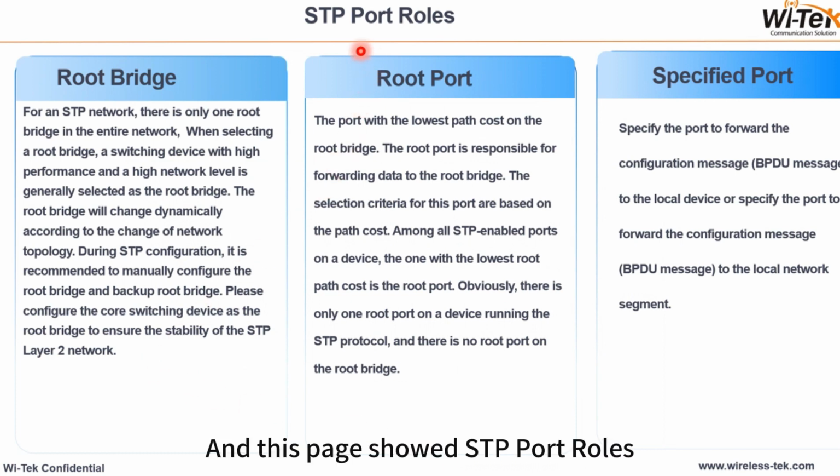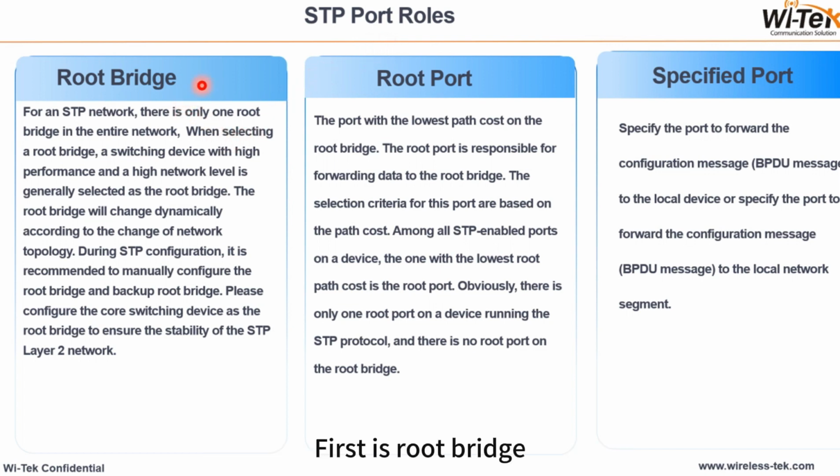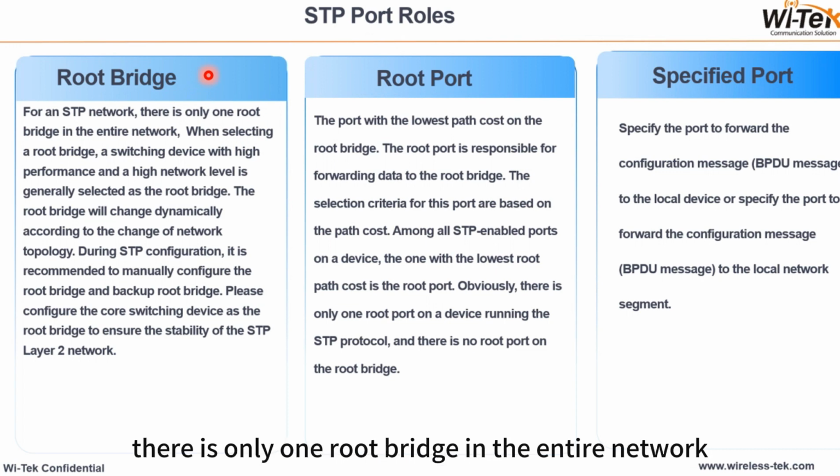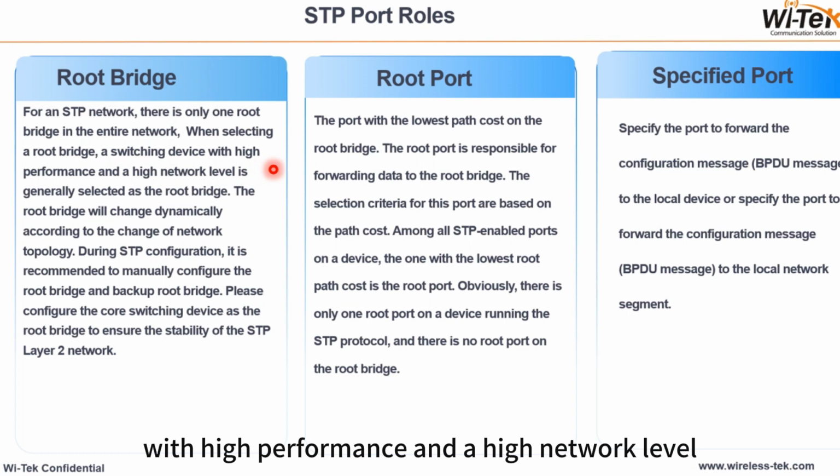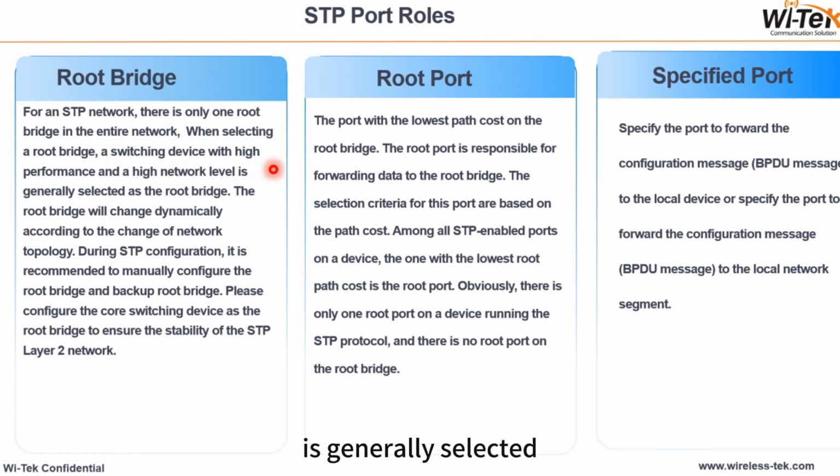And this page shows STP port roles. First is the root bridge. For an STP network, there is only one root bridge in the entire network. When selecting a root bridge, a switching device with high performance and a high network level is generally selected.